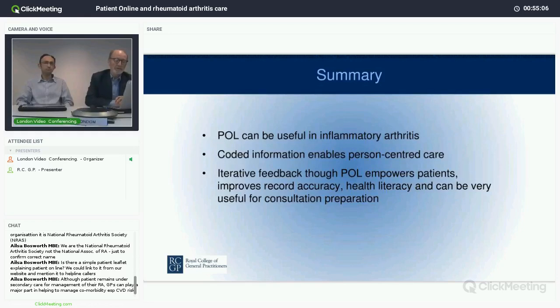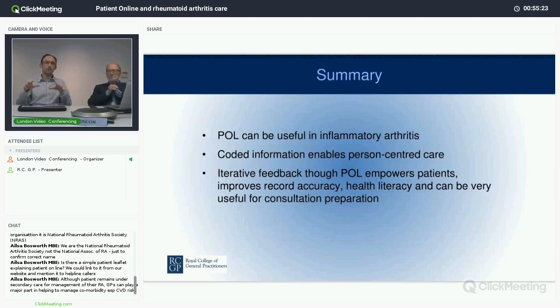And the last question: although patients remain under secondary care for management of their RA, GPs can play a major part in helping to manage comorbidity, especially cardiovascular disease risk. Very important. Do you want to add to that? Well, no, you mentioned that in passing.